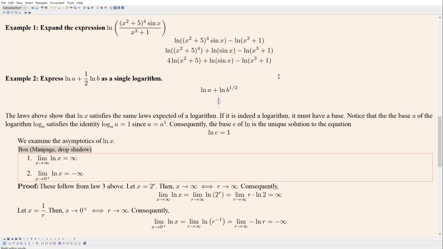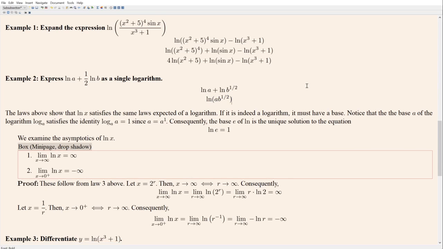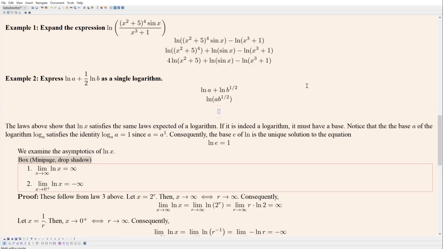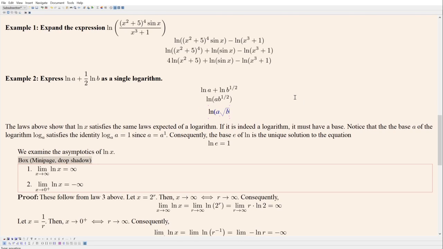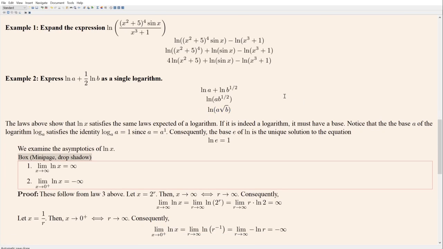Like so. This addition, I can turn that into a multiplication. Like so. And then finally, if you want, we can just rewrite that power of 1/2 to be a square root. So, just a reminder that powers of 1/2 are indeed the same as square roots.